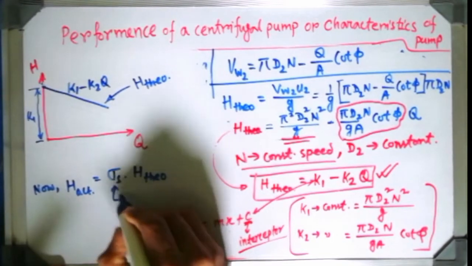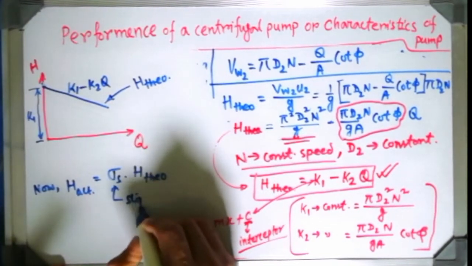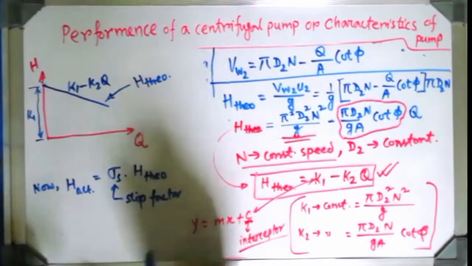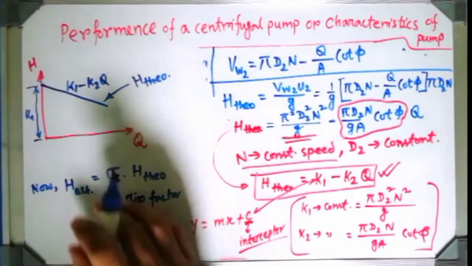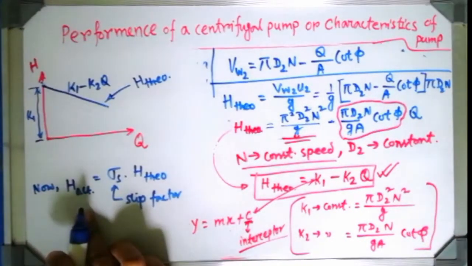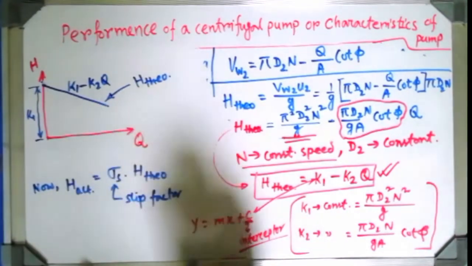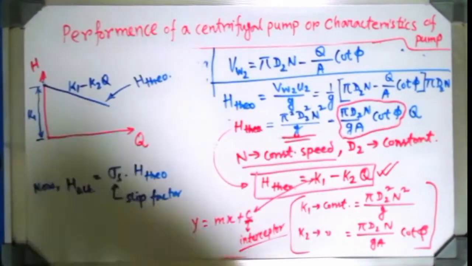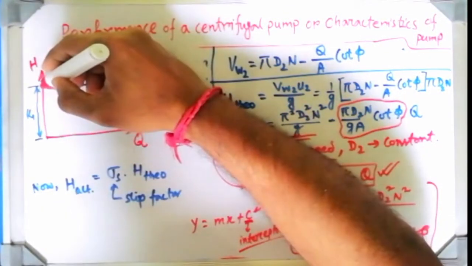Because sigma is the slip factor. I already told you yesterday what that is. So due to slip factor some head will be lost. If we consider slip, the actual head will look like this. So if I put that over this curve, it will look like this.